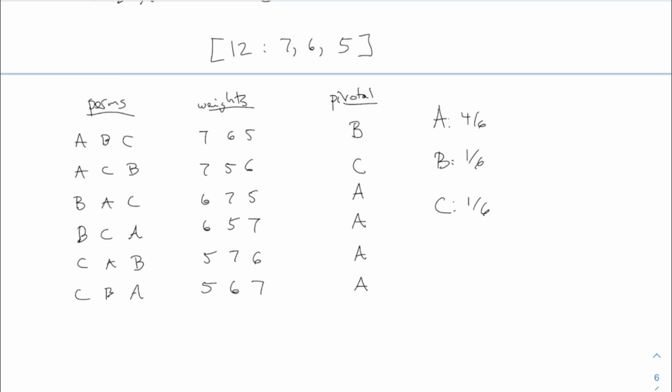If there were 4 voters, you would get quite a bit more permutations. On our homeworks or tests, I might go to 4, but not beyond that. Doing it with 4 is kind of the limits of my patience. In theory, you could do it with bigger ones, and if you're using a computer, you could go quite a bit bigger, but by hand, 3 or 4 is what you should expect to do.